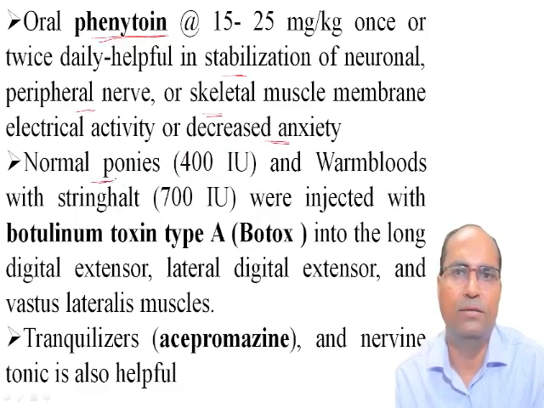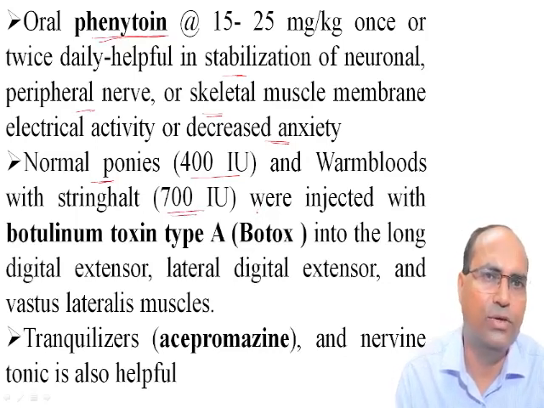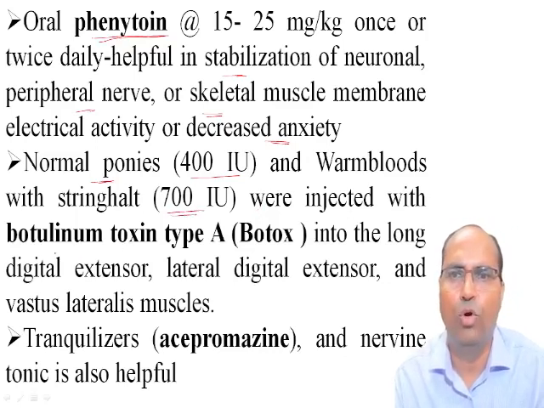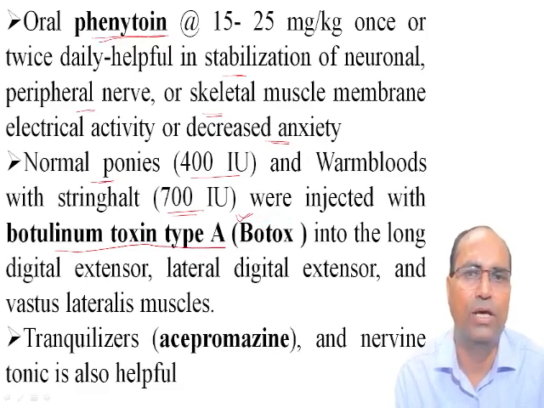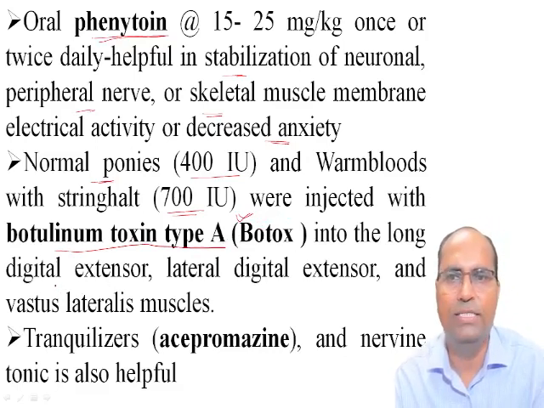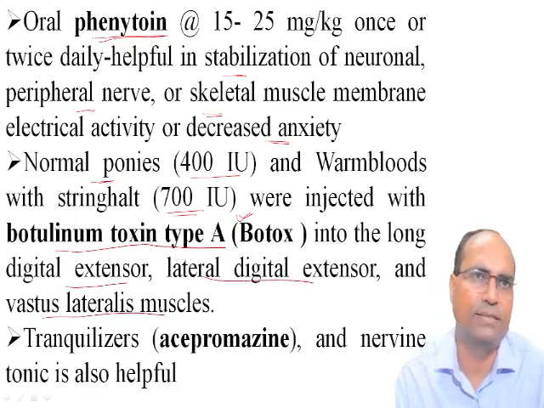In ponies, 400 international units, and in warm-blooded horses with Stringhalt, 700 international units of botulinum toxin type A, marketed under the trade name Botox, may be injected into the long digital extensor, lateral digital extensor and vastus lateralis muscles.